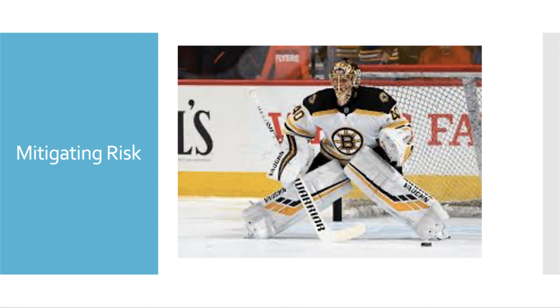But intentionally stopping the puck with your face, I don't think is something they teach you in hockey goalie school. So the mask is there as a second line of defense. He wants to catch the puck or steer the puck away first, but just in case he doesn't get it, the mask is going to be there to protect his face from the flying puck. Do you realize that there was a time in hockey when goalies did not wear masks? I don't understand that. It was a long time ago, thankfully.